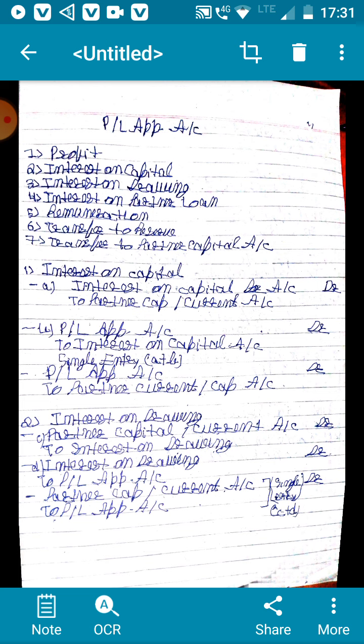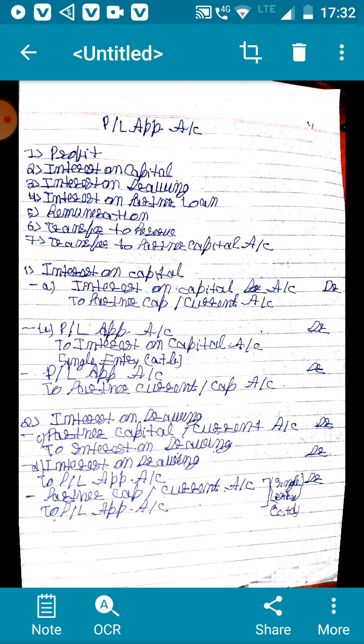Now, the journal entries. Journal entry for interest on capital: interest on capital account debited to partners' capital accounts, and profit and loss account debited to interest on capital account. These are the two entries for interest on capital.